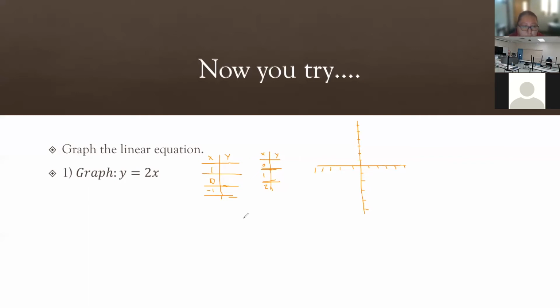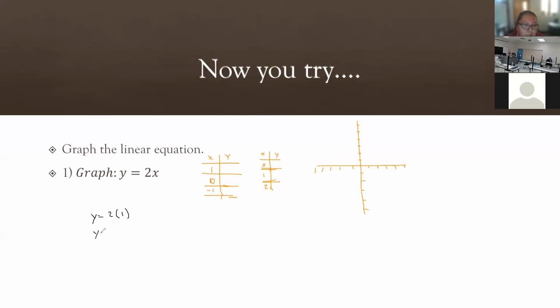So for our first one, I'm going to do the 1, 0, -1. Basically we are going to substitute our 1 where our x is. So we have y equals 2 parentheses 1.